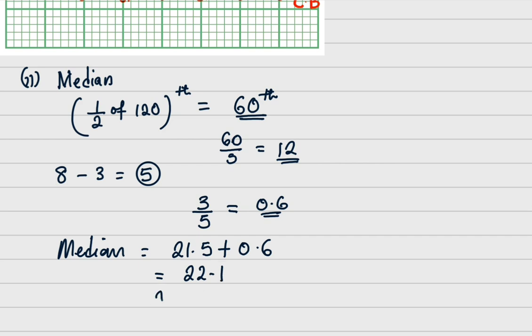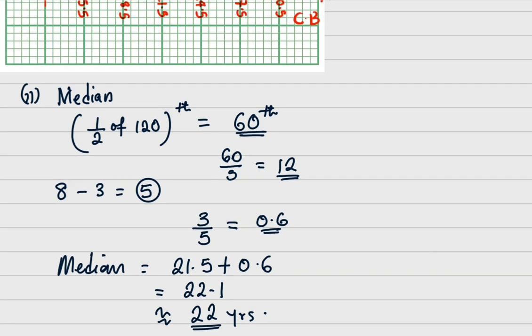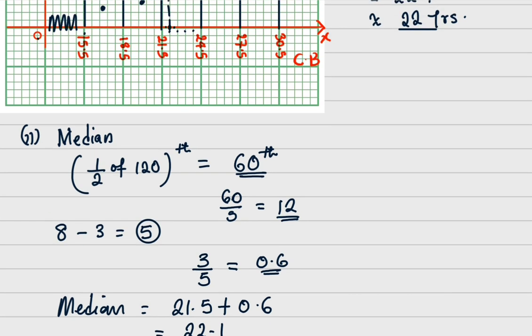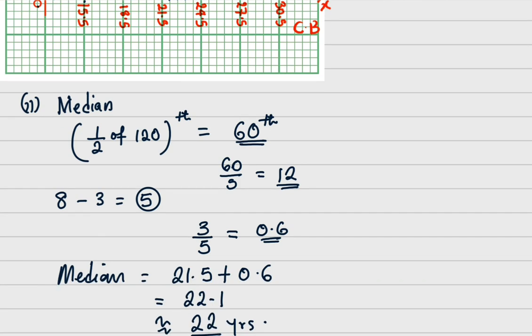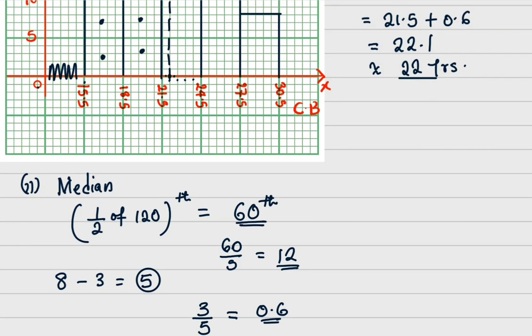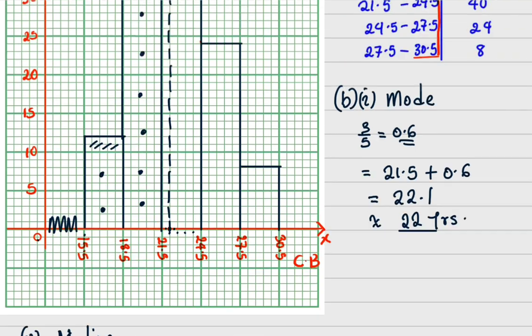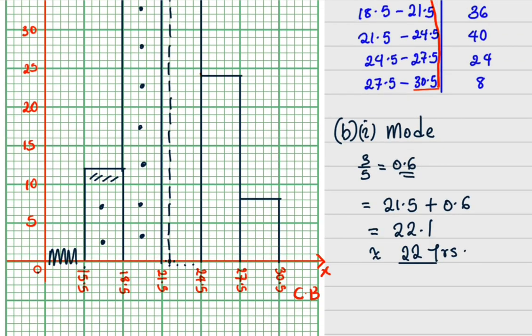To the nearest whole number, it is approximately 22. So you can see that in this case, both the median and the mode are the same, approximately 22 years. So this is how we can actually calculate median using a histogram.